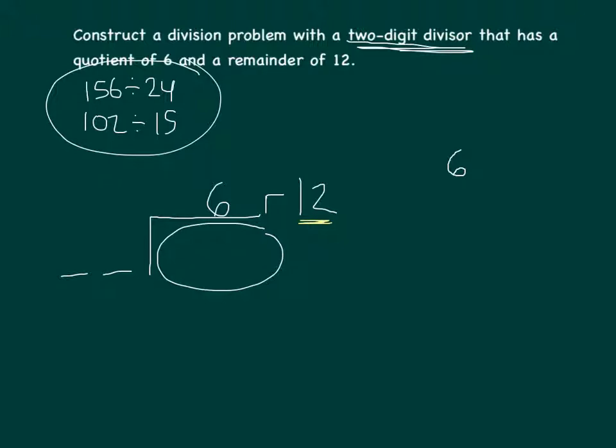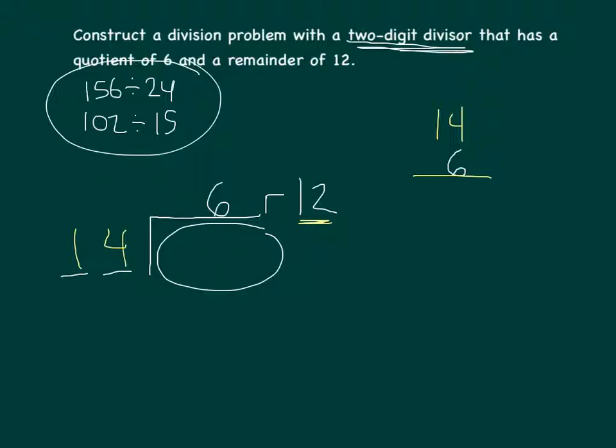So I have to have a number bigger than 12, and that's going to make it 2 digits anyway. I can pick anything. I'll pick 14. Why not? I'm going to divide something by 14 to get 6 remainder 12.